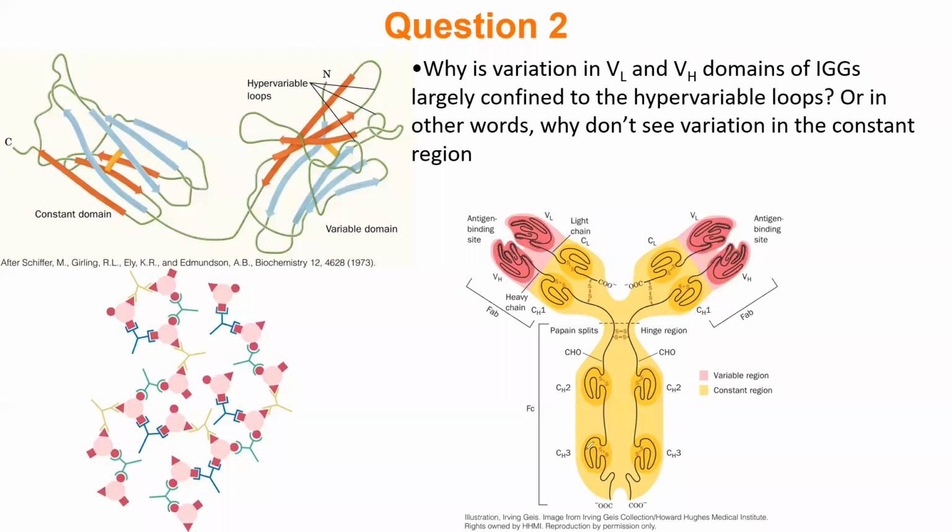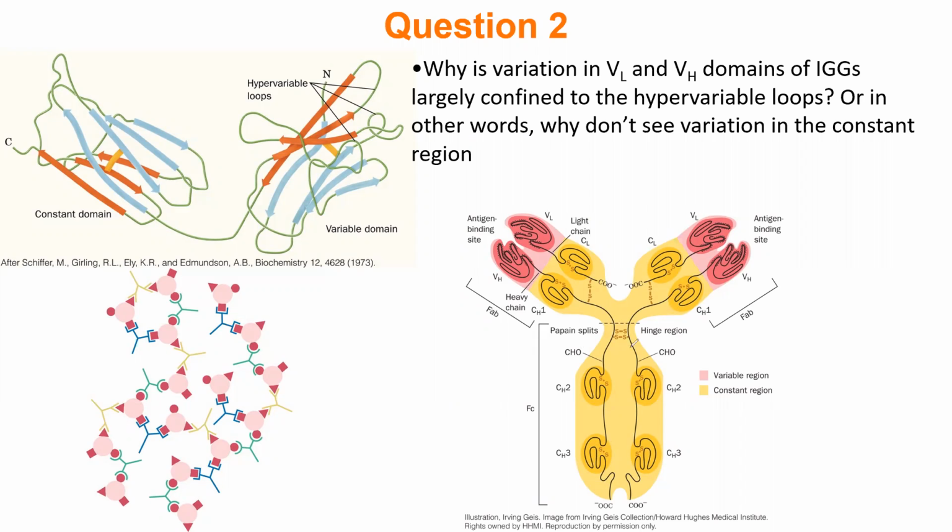However, the constant region of an antibody is what talks to the rest of your immune system. This is what is bound by beta cells. We always want our antibodies to talk to the rest of our immune system.